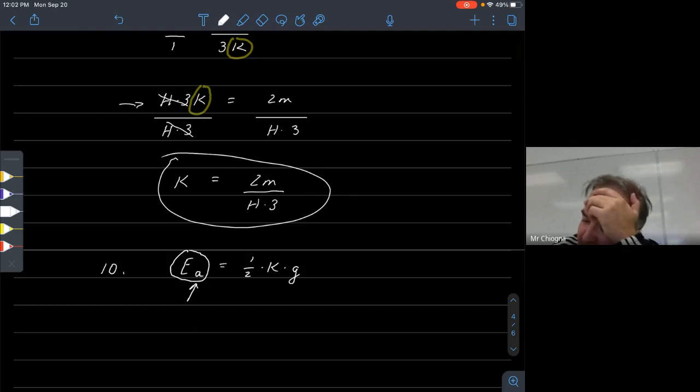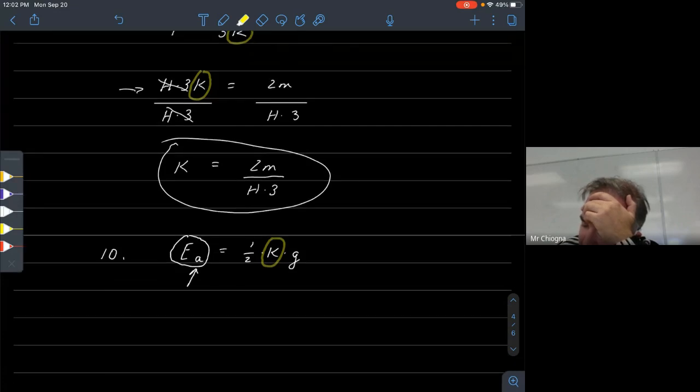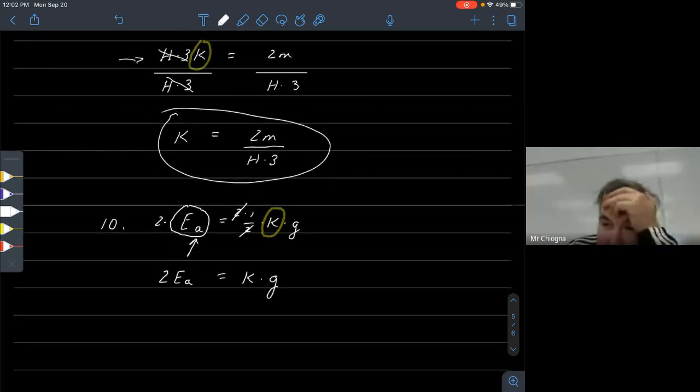I'm going to solve for the K. I like removing the half just by multiplying by 2. You can divide by half if you want, but I like multiplying both sides by 2. That will cancel out the 2, and that leaves me just with K times G. When you see 2 letters next to each other, that means they're multiplied.